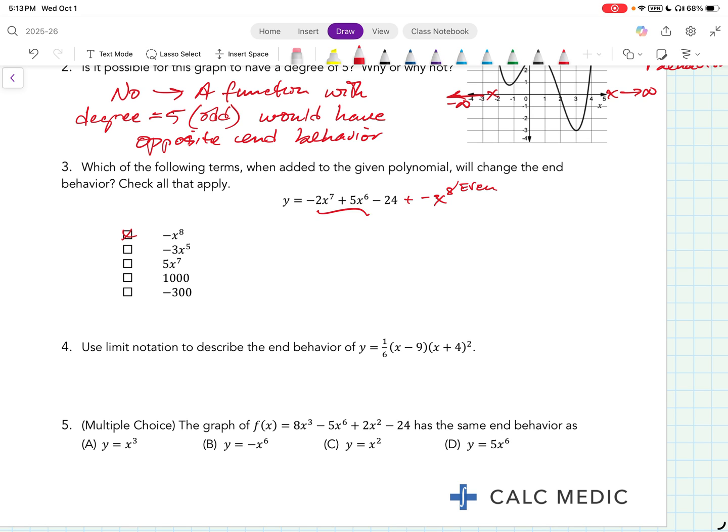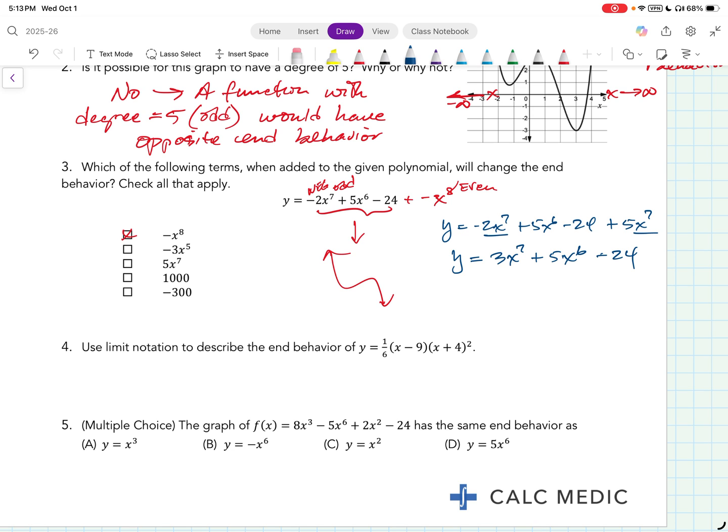5x to the 7th, well, first of all, the original function would look like this because it has a negative lead coefficient and an odd exponent. If you take negative 2x to the 7th plus 5x to the 6th minus 24, and then you add 5x to the 7th, you combine these terms. 5 minus 2 is 3, so 3x to the 7th plus 5x to the 6th minus 24, and then it becomes a positive coefficient, so now it behaves like this.